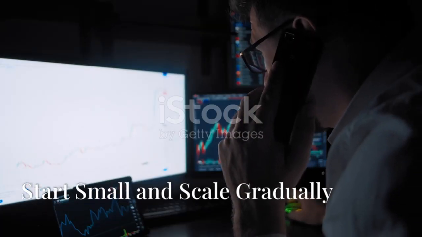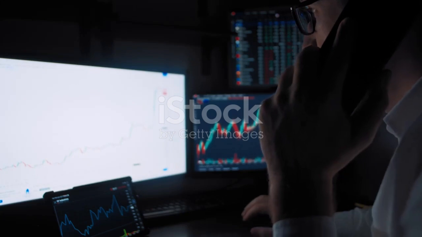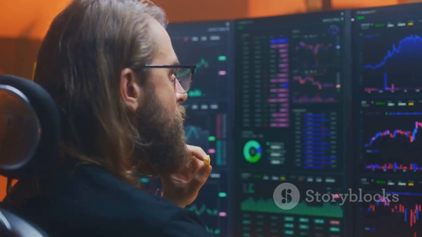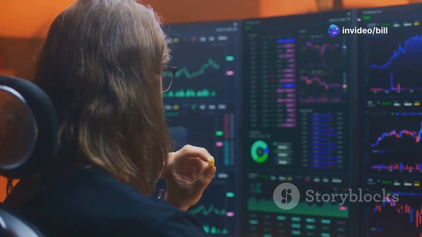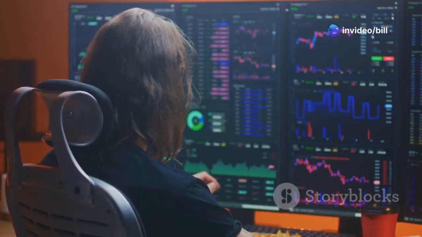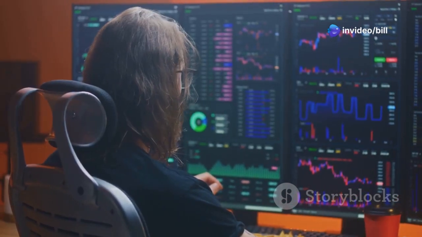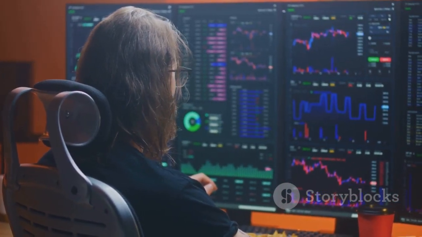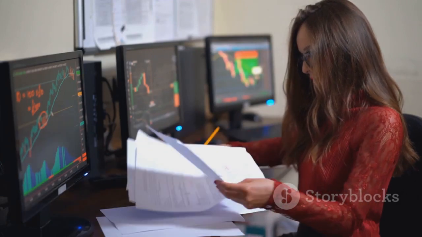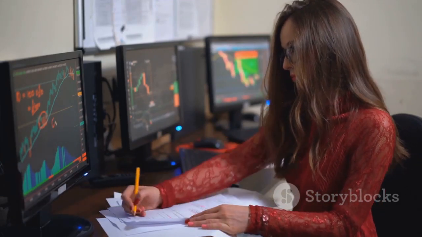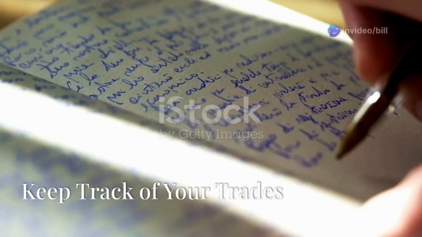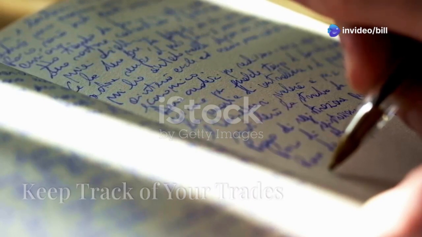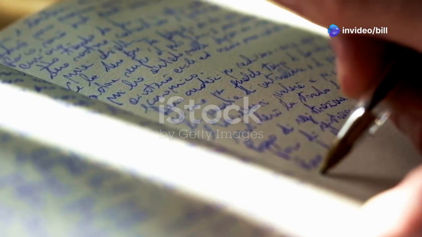The number 3 pro tip is practice proper risk management. Now, risk management is the cornerstone of successful trading. Without it, even profitable traders can lead to overall losses. Use stop loss orders. Protect yourself from significant losses by setting a predefined price at which you exit a losing trade.